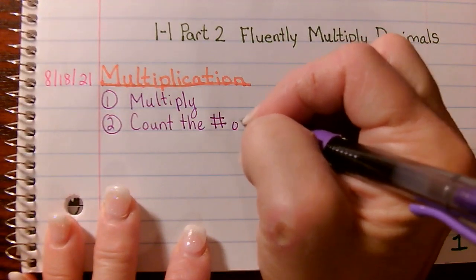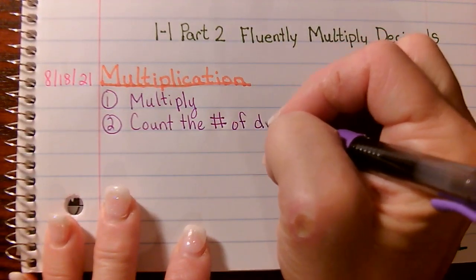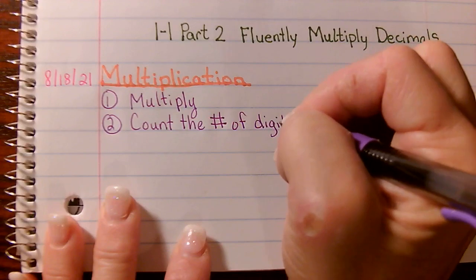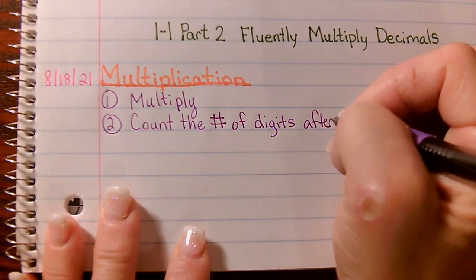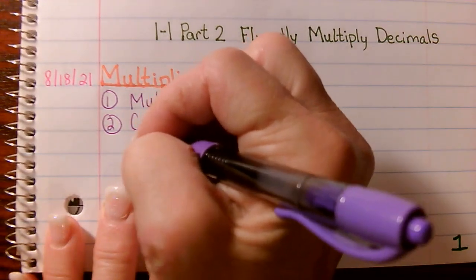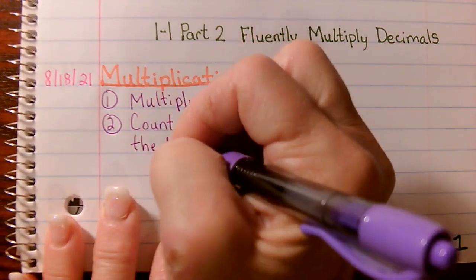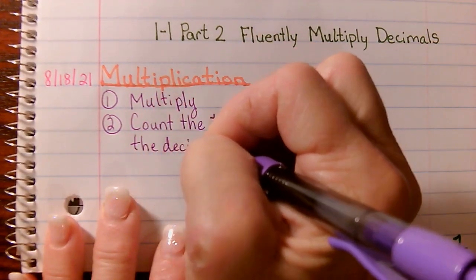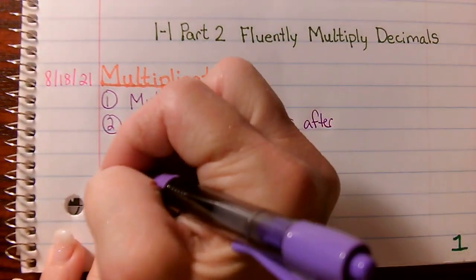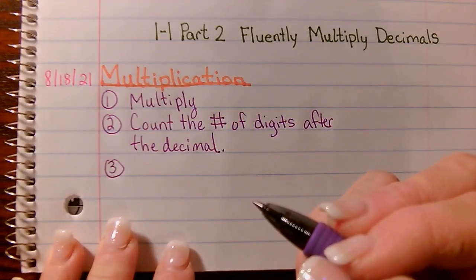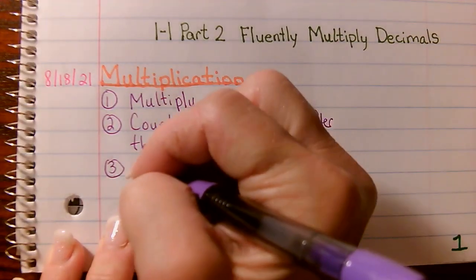So count the number of digits after the decimal. And 3, your answer will have that many digits after the decimal.